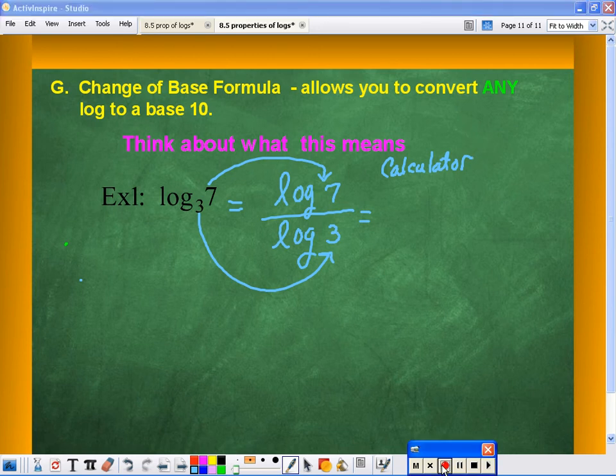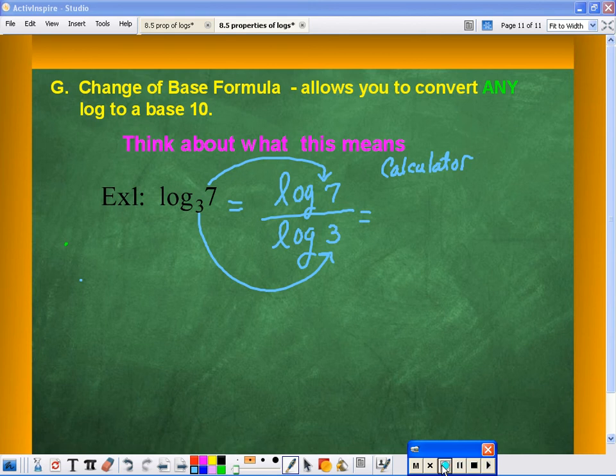Okay, when you use your calculator for logs, you really don't want to do this separately because the log, even though it's in a base 10, when you're evaluating a log 7, it's an approximated value. When you're evaluating the log 3, it's an approximate value. So you want the calculator to hold as much information as it can.